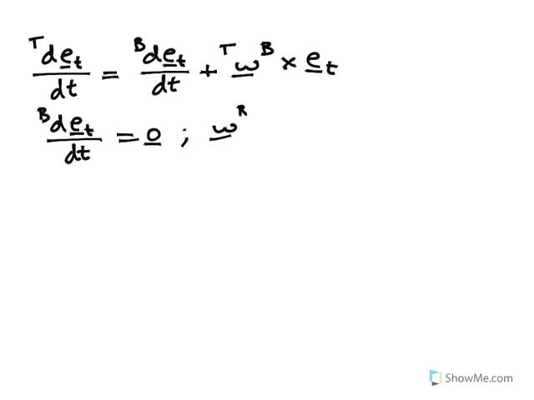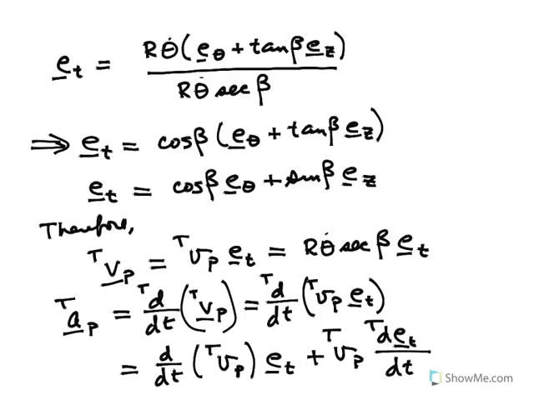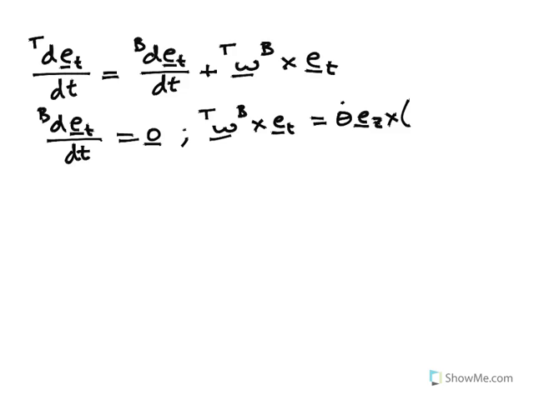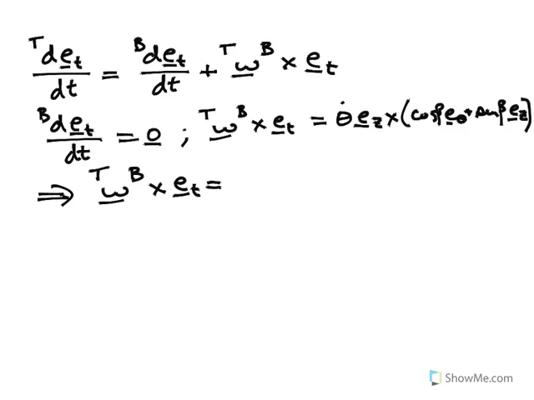The angular velocity of B in T crossed with the tangent vector is equal to theta dot Ez crossed with cosine beta E theta plus sine beta Ez. Now, this gives that the angular velocity of B in T crossed with Et is equal to Ez crossed with E theta, which is minus Er, and Ez crossed with Ez is 0.